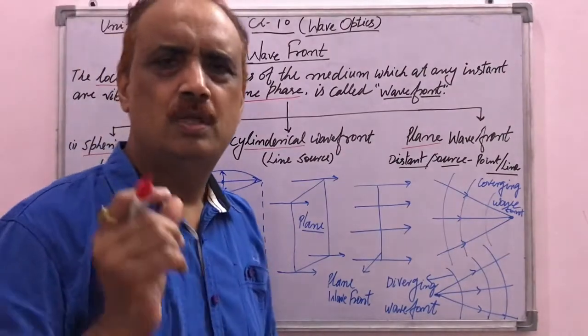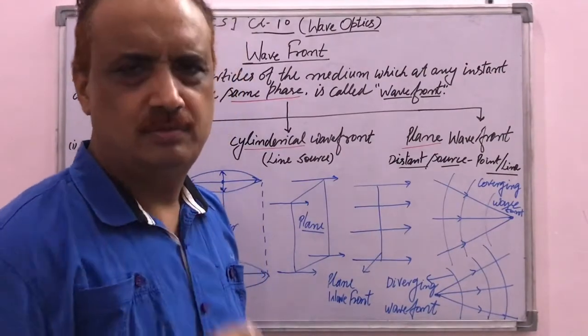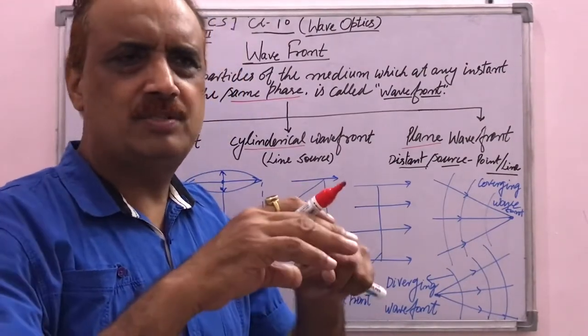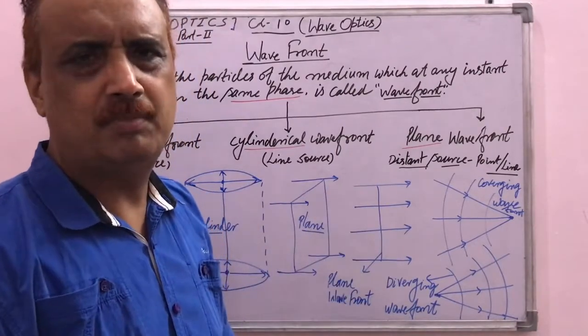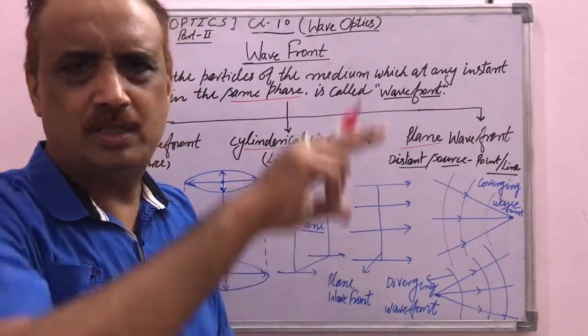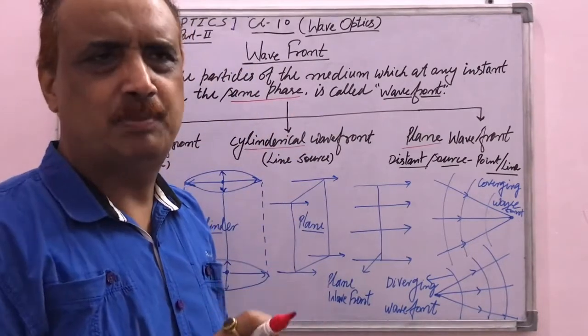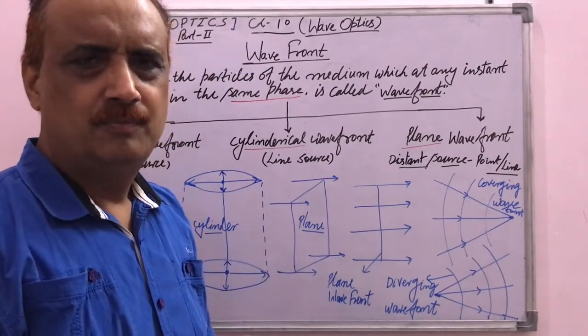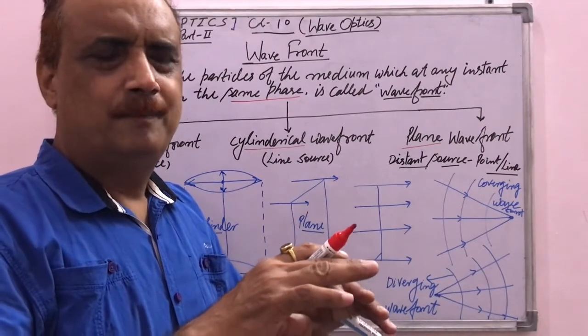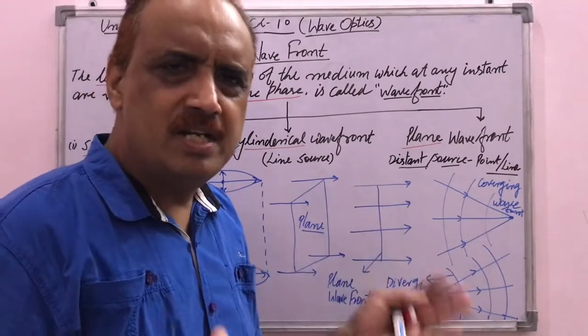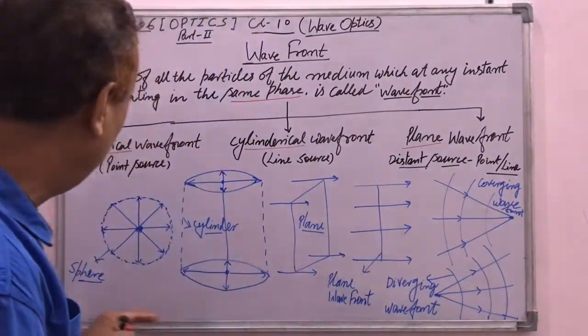Means the source should be a point, and when the disturbance is produced in the medium by the point source, we trace the surface having the particles in the same phase, and that will be a sphere.